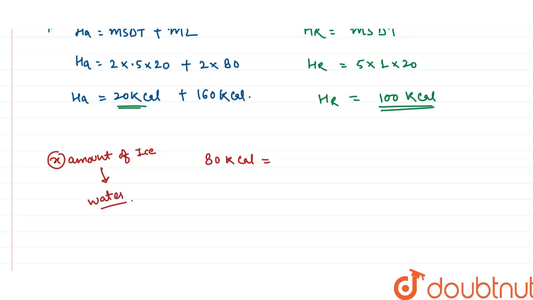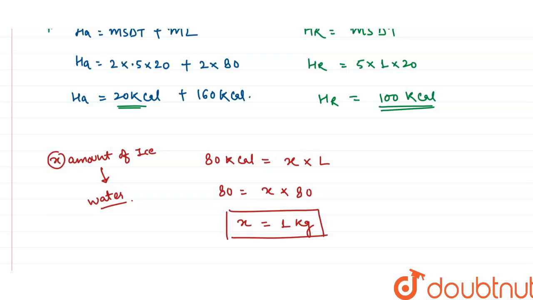To change ice into water, suppose the mass of ice is x, into latent heat L. So I can write 80 equals x into 80, latent heat of fusion. So the value of x is 1 kilogram. That means in the remaining 80 kilocalorie heat, 1 kilogram of ice is converted into water.